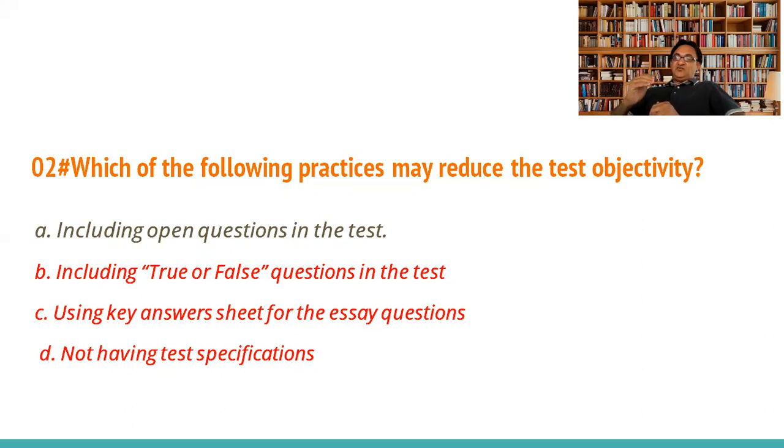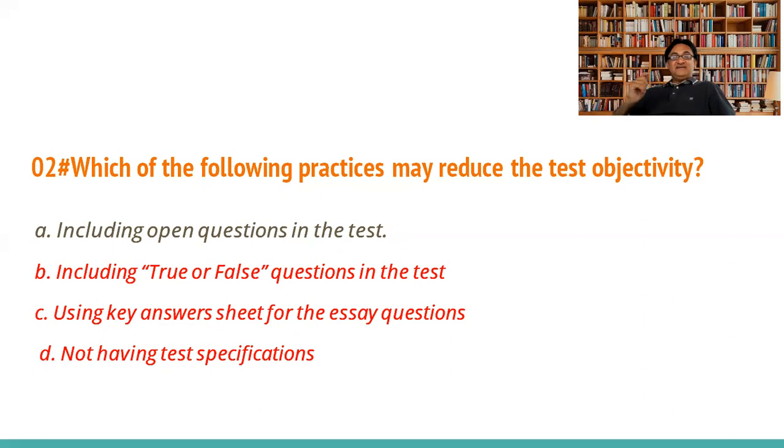It means a test with multiple choices or objective items, or one with explanation or writing, or open-ended questions. We can see here, including true or false questions in the test: if it is true and false, it is not only objectivity. Using key answer sheets: we are talking about the test, not key answer sheets, so remove it. Not having a test specification: we are talking about test objectivity, not the criteria or test specification.